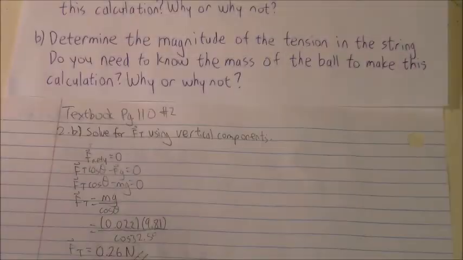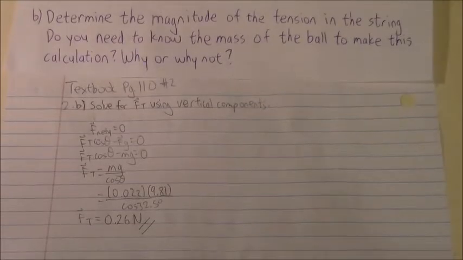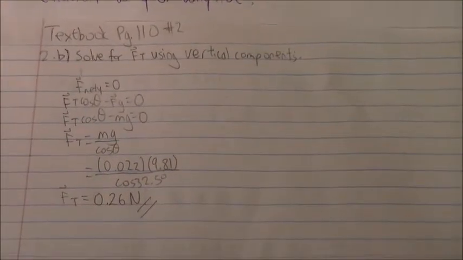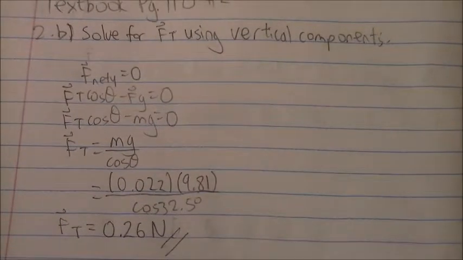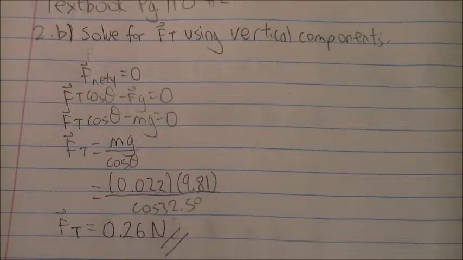Alright, let's move on to question number 2b. Determine the magnitude of the tension in the string. Do you need to know the mass of the ball to make this calculation? Why or why not? Alright, to solve for Ft, we can use vertical components. Now recall from part A that the net force in the vertical direction is equal to 0, which gives us the equation F net y equals 0.